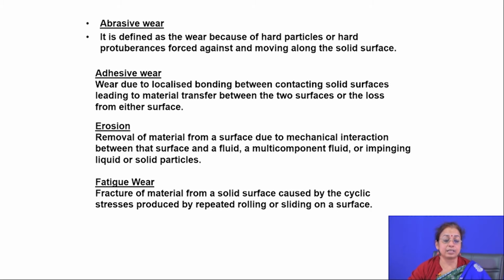You can go for scanning electron microscopic observation for knowing the features of the wear, because after the wear, if you are interested in seeing the characteristics, you have to go for direct observation of the surface, and that is very important. Except scanning electron microscopy, no other microstructural observation gives you information about the surface features. So, it is very important that you see the surface and then get to know about the characteristics of the wear.